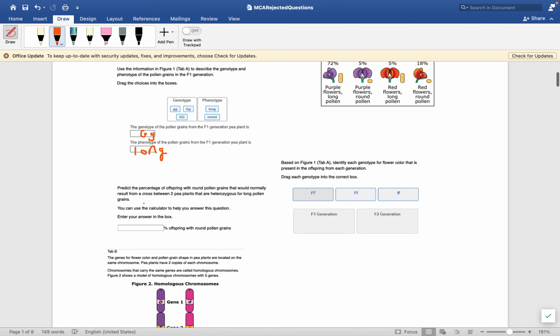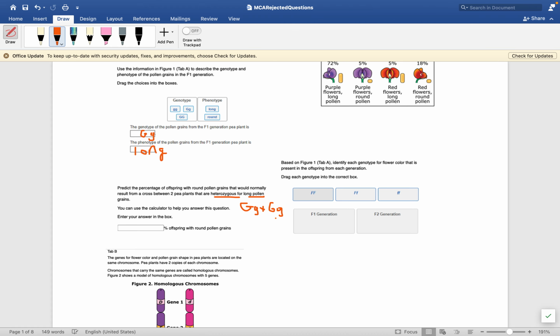Okay, moving on. Predict the percent of offspring with round pollen grains that would normally result from a cross between two pea plants that are heterozygous for long pollen grains. So we're using the letter G, not that it matters, but they are both heterozygous. So I'm basically taking big G, little g, and crossing it with big G, little g.